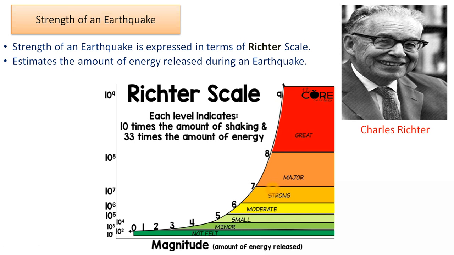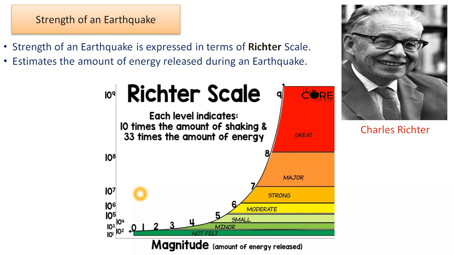This magnitude is taken along the x-axis. But on the y-axis, we take the amplitude produced by the shaking of the earth. Do we measure that amplitude? Yes, but for that purpose we have a separate device which gives us the amplitude, and the logarithmic value of the amplitude is taken on the x-axis.